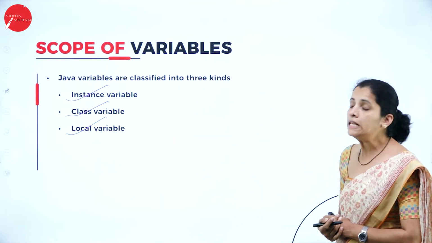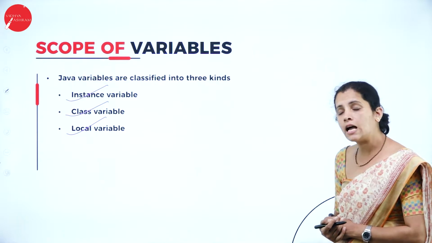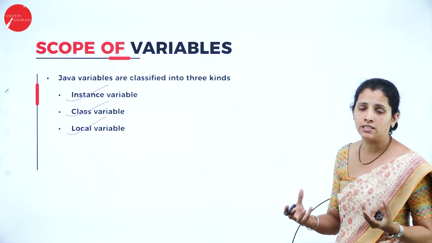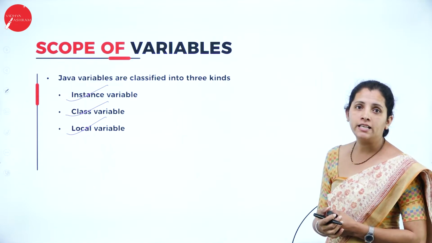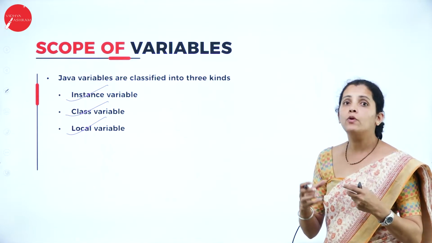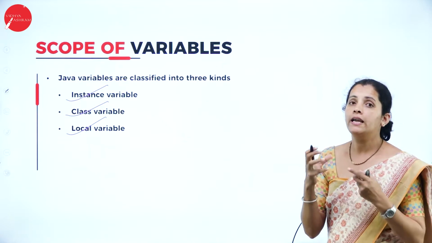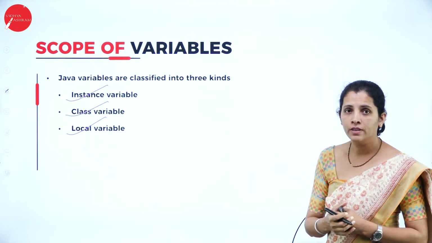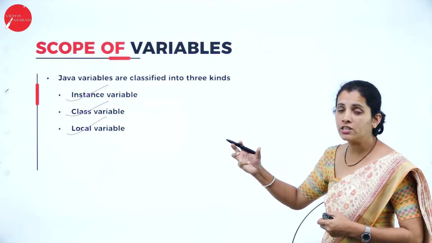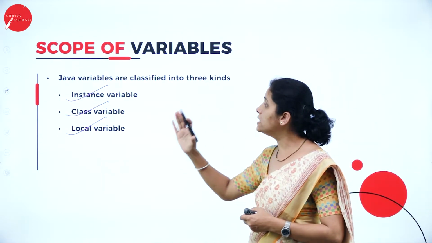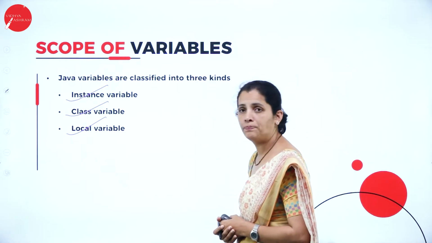Now, what is an instance? Instances are nothing but the objects. And where am I going to create the object? In my main function. That kind of object creation itself is called an instance variable.